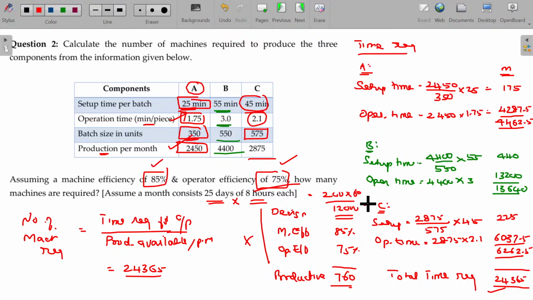Though we have 12,000 minutes, the productive minutes available are 7,650. Come on, tell me the number of machines. 3.18. Anyhow, you have to round off to the whole number, 4 machines.